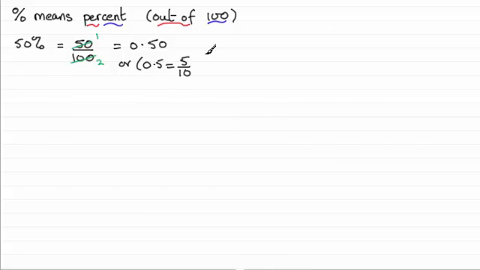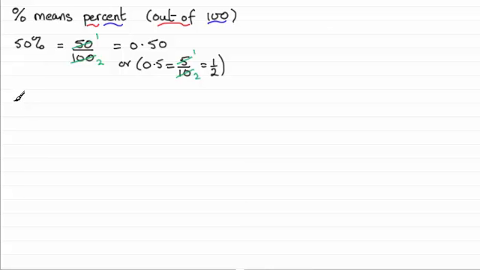And this cancels. 5 into 5 goes 1, 5 into 10 goes 2. When you compare 5 to 10, it's a half. So 50% can be written as 1/2, 0.50, or even 0.5. They all mean exactly the same.